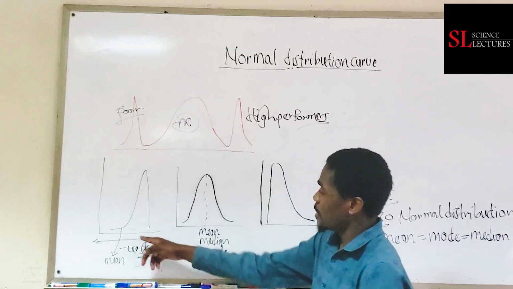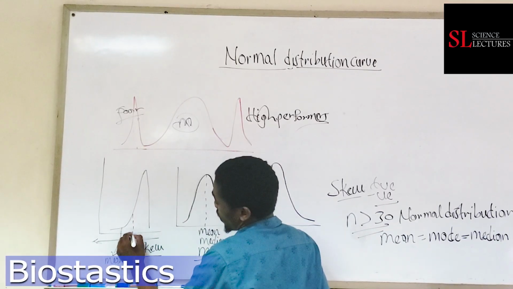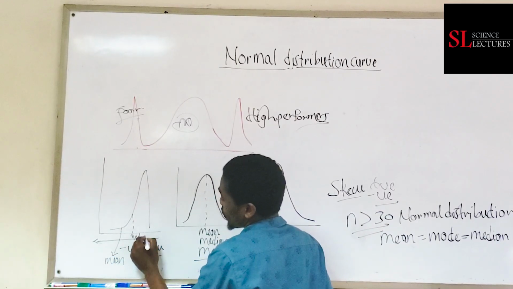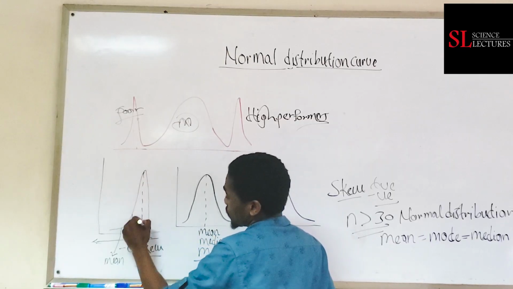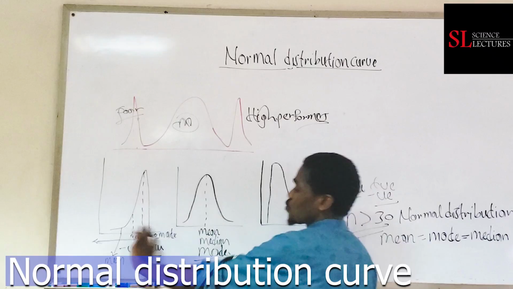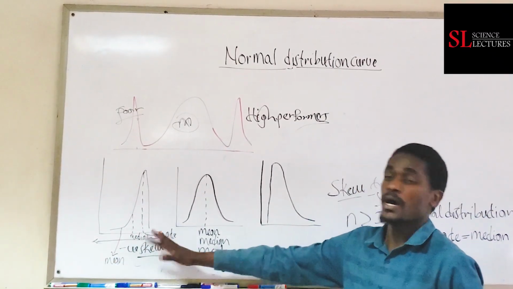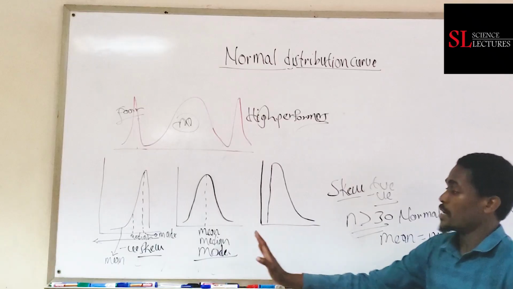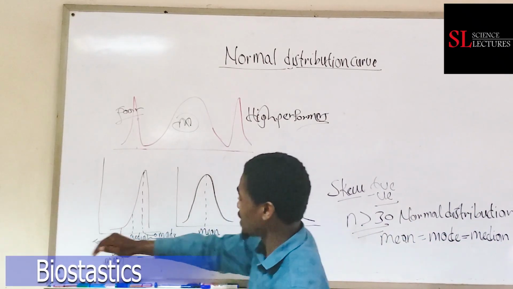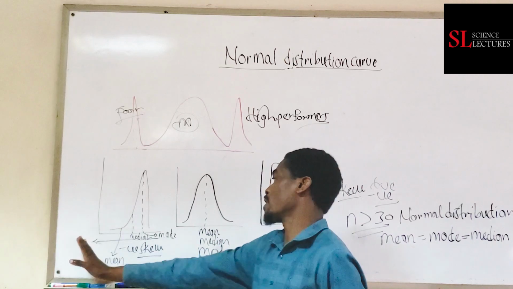The mean is lower than the median and the mode. So that is what happens in a negative skew. The mean is less than the mode and the median. And you see the tail is towards the negative side, because now we are in negatives, that's why the mean is low.